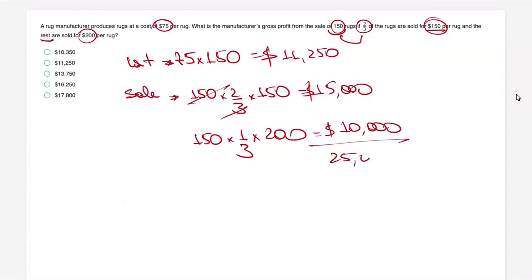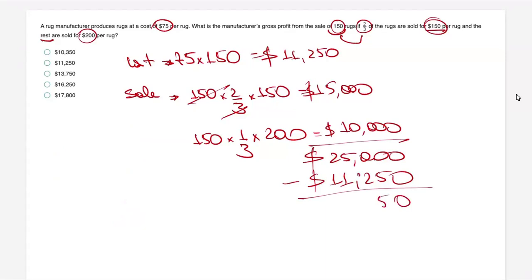So it's 25K minus 11,250. Am I right? Nobody wants to help me. 5 goes on, 3 goes 2. Goes on, 2 is 3. 7. Yeah, I'm bad. Okay, is that it? Thank you.